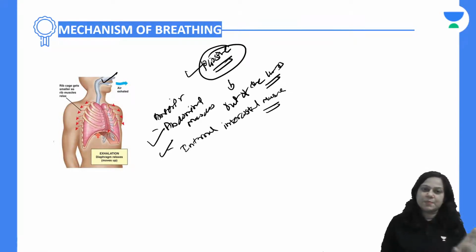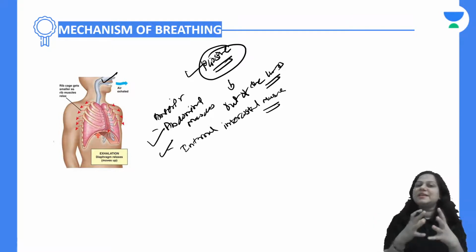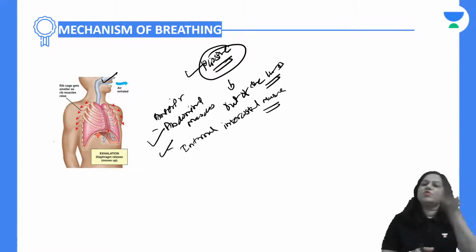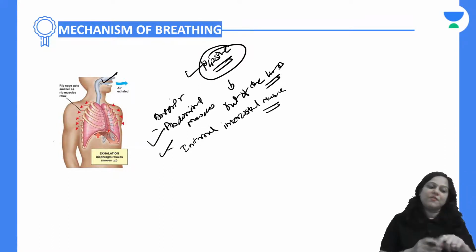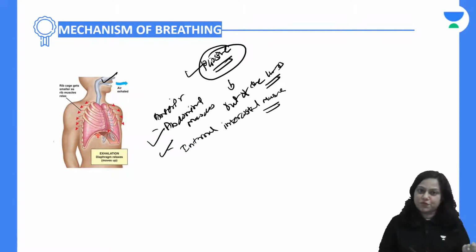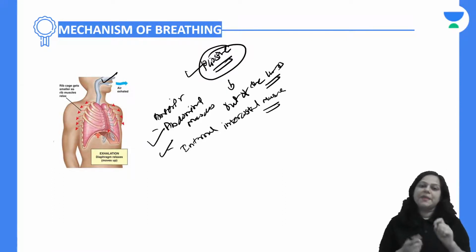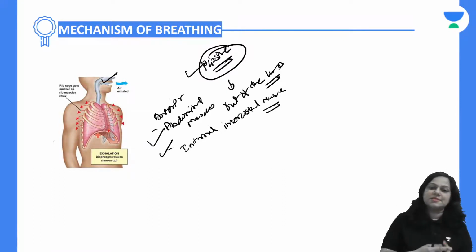Expiration itself is a passive process and doesn't need anything. Simply, what was contracted is now relaxing. When the muscles start relaxing, it will cause an increase in pressure inside the lungs, so air moves out of the lungs. If expiration is effortful, at that time accessory muscles of expiration are needed: the anterior abdominal muscles and the internal intercostal muscles.